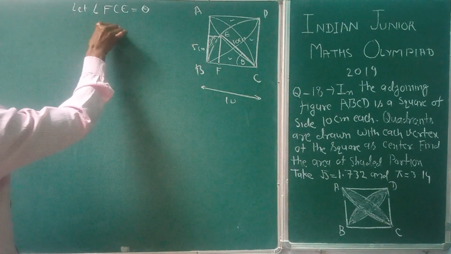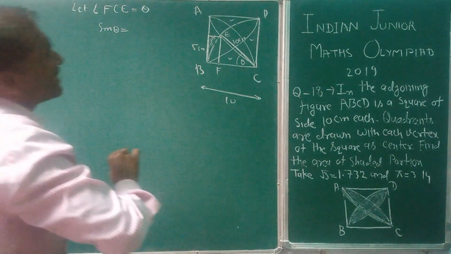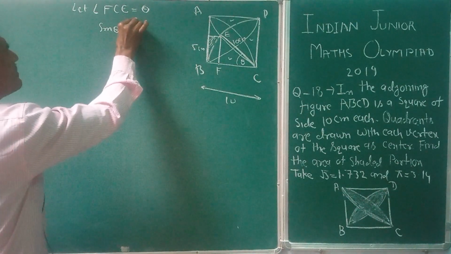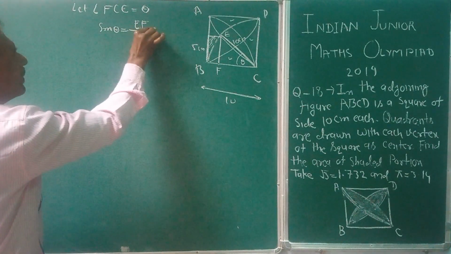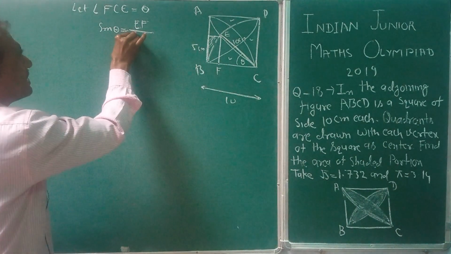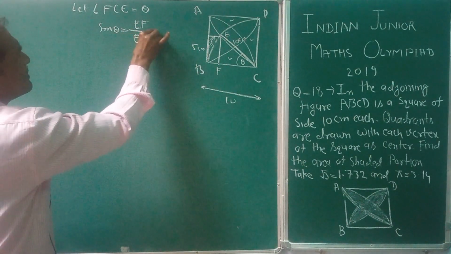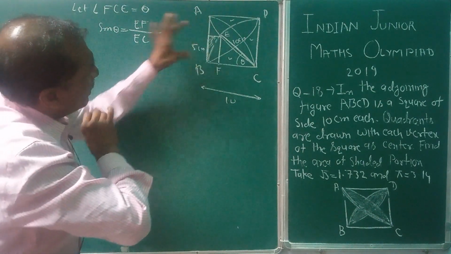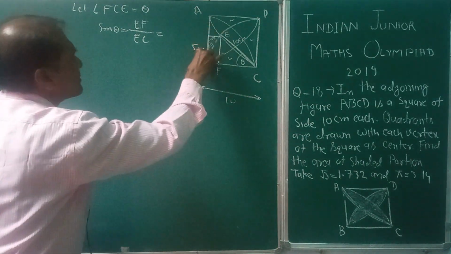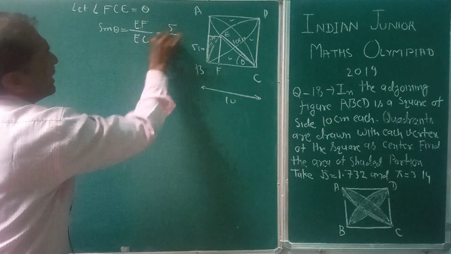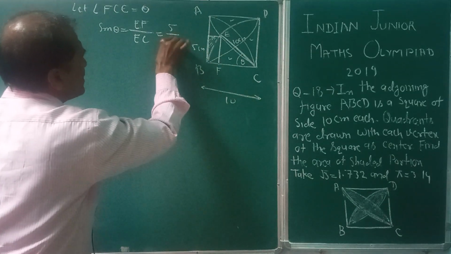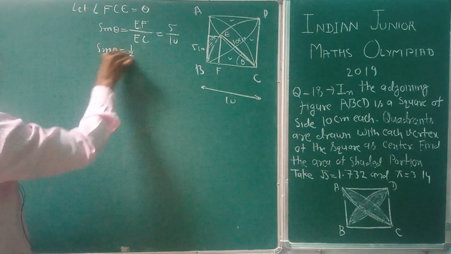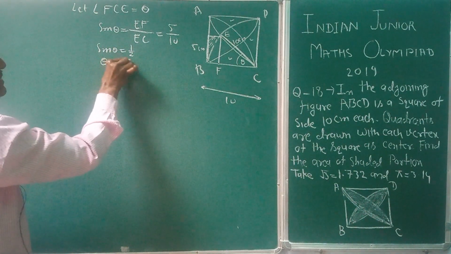If I calculate sine theta in this triangle, then sine theta will be perpendicular EF upon the hypotenuse EC. EF will be equal to this side length 5. So 5 divided by EC, the radius, so 10. So sine theta comes half. This means theta is 30 degree.